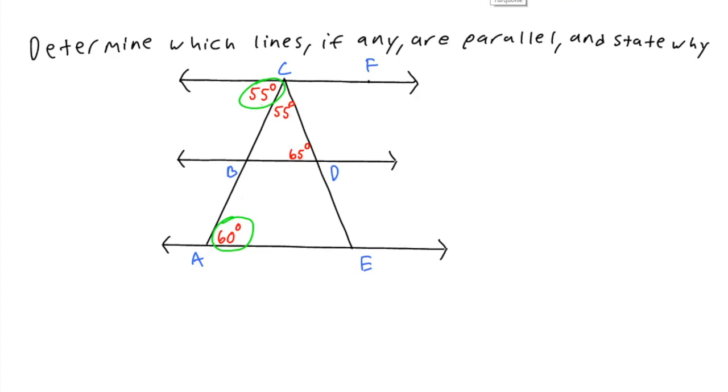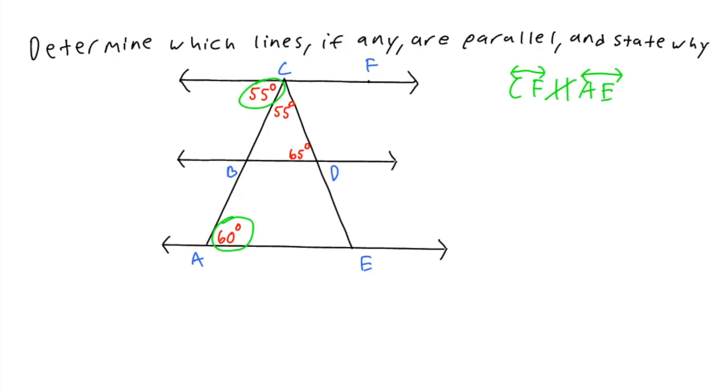So right away, CF is not parallel to AE. Remember, we named these with lines over them. So CF and AE are not parallel because their alternate interior angles are not congruent.